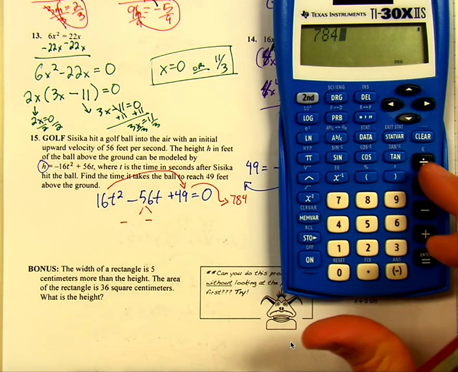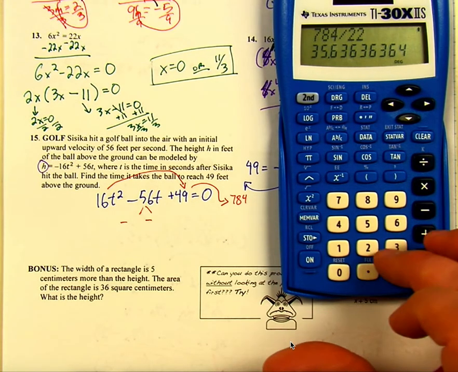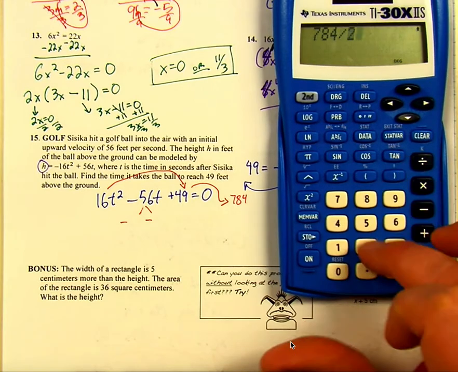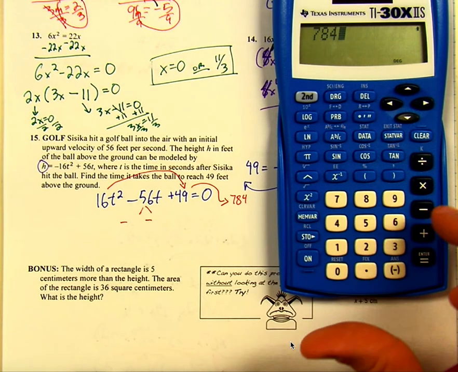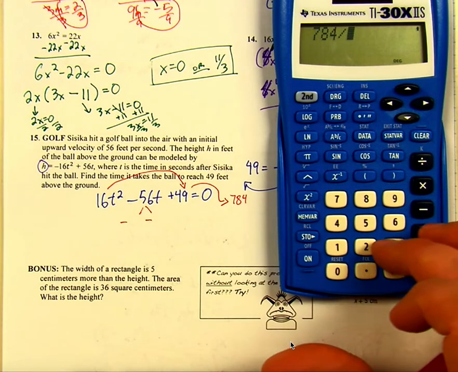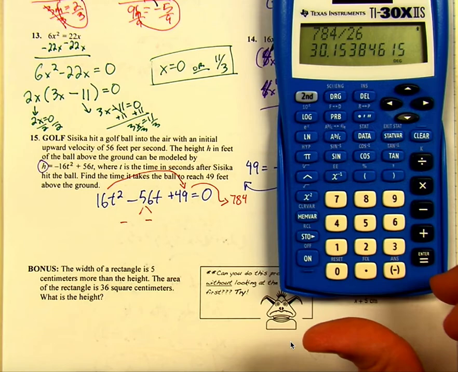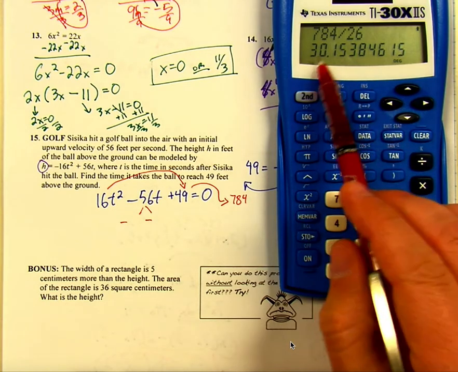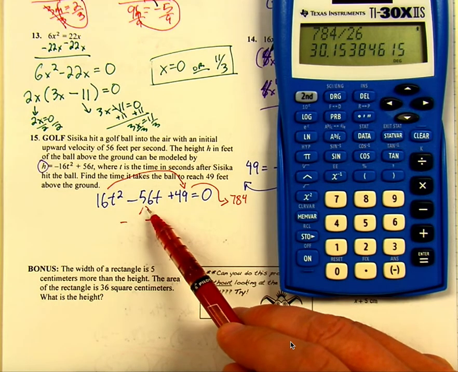784 divided by 22. Nope. 784 divided by 24. Nope. 784 divided by, I don't know, 26? Oh man, 30 and 26 would make 56, but it's just not quite right.